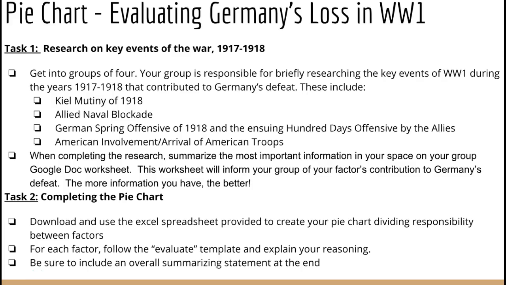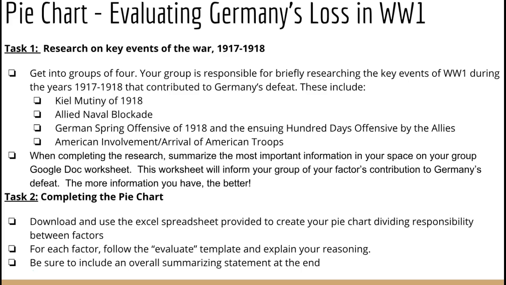So the next time we see each other in class, we will look at evaluating why Germany lost in World War I, and we will specifically hone in on four key factors or events of the war from 1917 to 1918, dividing up responsibility for Germany's loss.